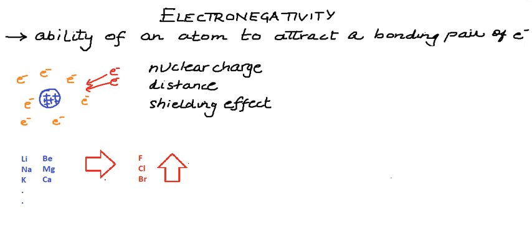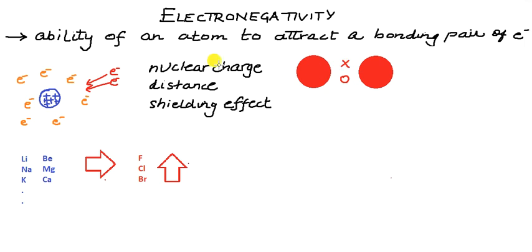So let's first take the case of an atom, which is represented by this red circle, and it's bonding with another atom that has the same level of electronegativity. And so we have a pair of electrons that we will call the bonding pair. One electron has come from one and one from the other, and this pair ends up being shared between two atoms.